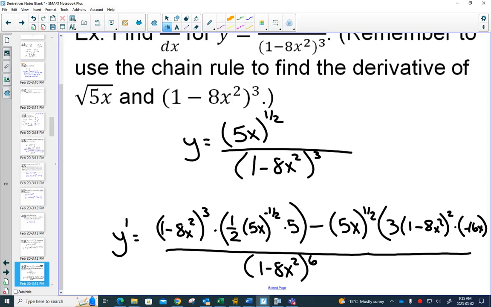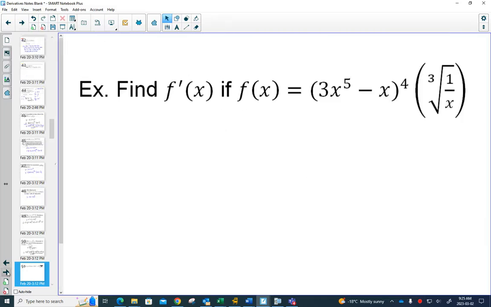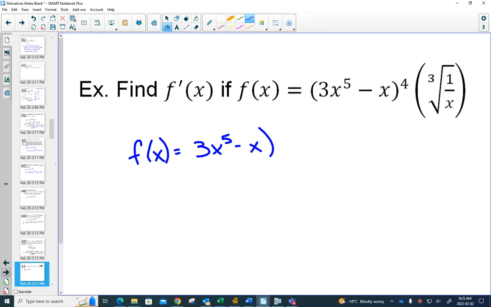Try the next one, double chain rule with product rule, on your own. Just so that we're all the same, let's rewrite the first one as an x to the minus 1 inside of a third. Does that make sense?